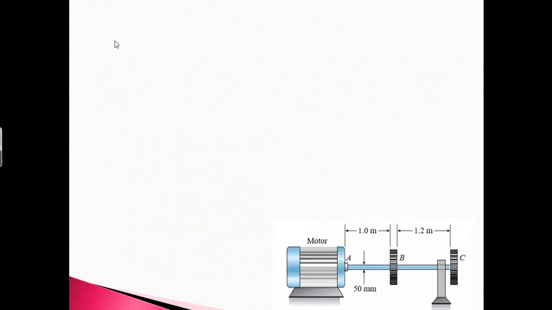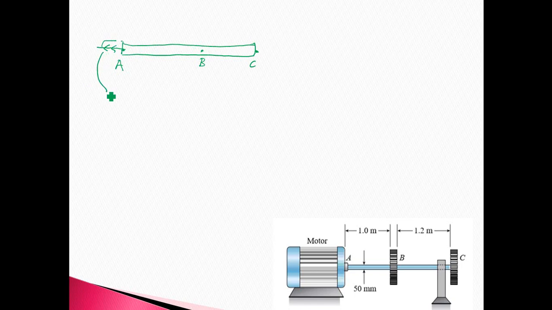Okay, now let me draw the shaft ABC. Okay, so this is the point A, this is the point B, and here is the point C. So I assume the direction of the torque for motor is directed to the left, which is here. So that is the torque from the motor.